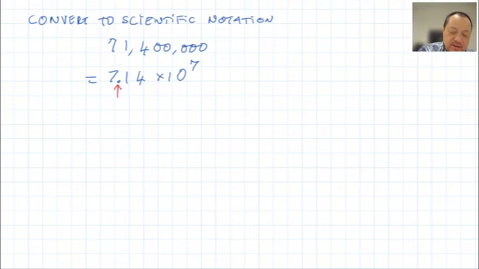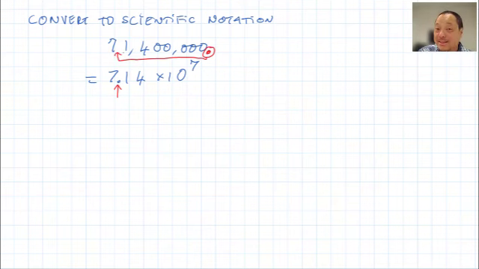Where did this come from? The original number didn't have a decimal point, yeah? Oh, no. The original number did have a decimal point. It's a whole number, it's an integer, and all whole numbers have an unwritten, invisible decimal point right there. It got moved from there to there.